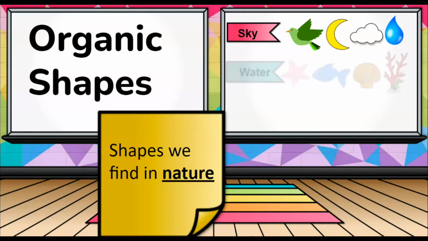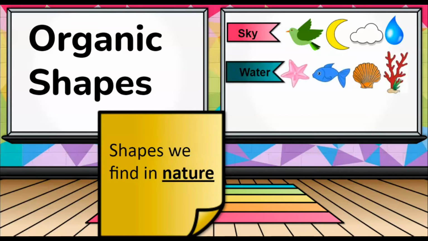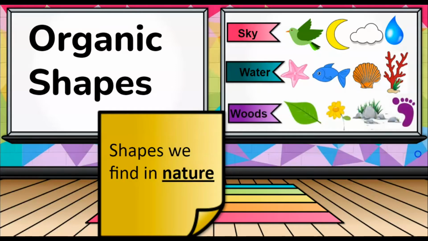We can find them under the water, like a starfish, a regular fish, seashell, coral, and we can find organic shapes in the woods. Leaves, flowers, rocks, grass, footprints. So organic shapes are found in nature, and usually I try to remind my students to think about shapes we would see in the sky, under the water, or in the woods.